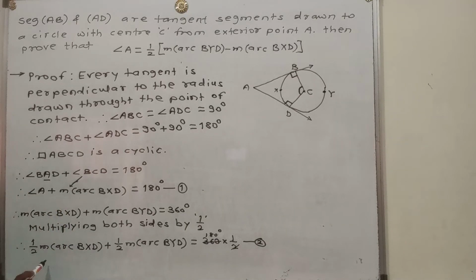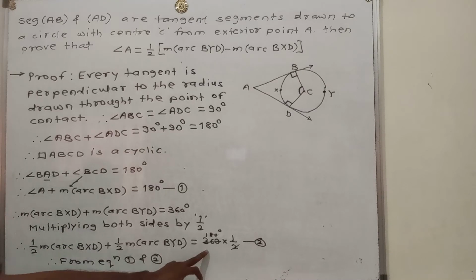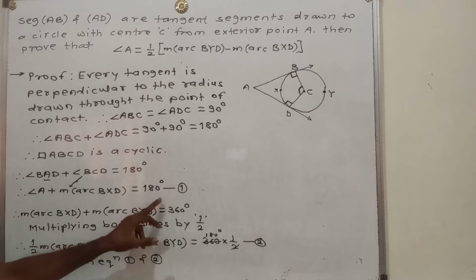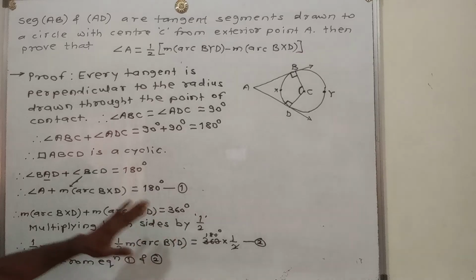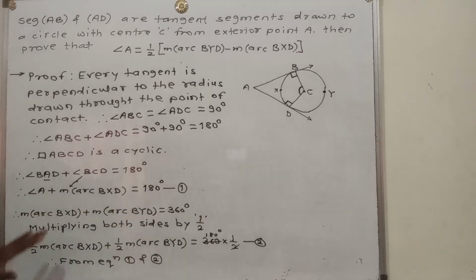Now from equations 1 and 2, 180 degrees is the same. So the RHS are equal, so the LHS are also equal.